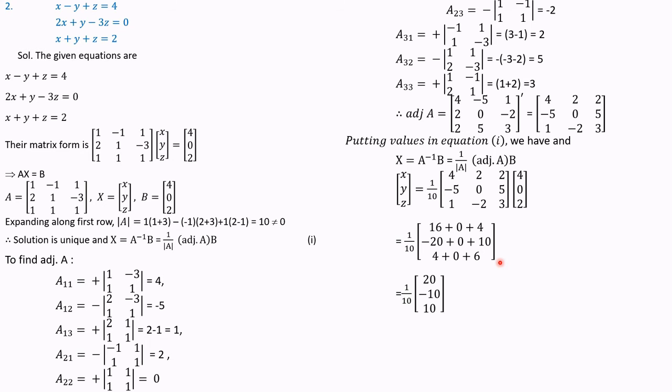So we simplify: 1 by 10 into 20, minus 10, 10. 20 divided by 10 is 2, minus 10 divided by 10 is minus 1, and 10 divided by 10 is 1. So comparing, x is equal to 2, y is equal to minus 1 and z is equal to 1. This is the answer. Next we will take.